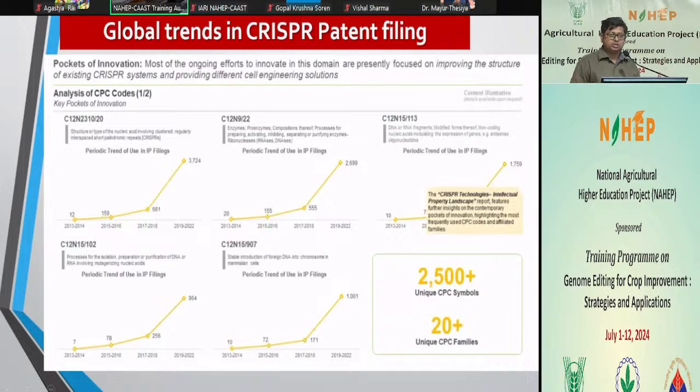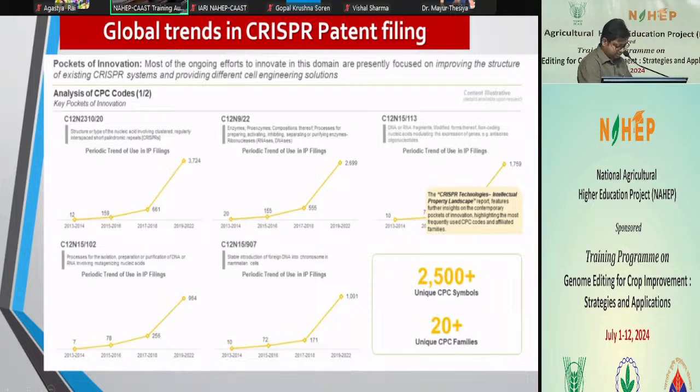Even to do research one has to take a research license, and many organizations do take research licenses. We are also in ICAR, for example, and have now started working on genome editing in a big way. So we are also discussing whether, how, and at what stage one has to take a license, whether the research license or the commercial license.